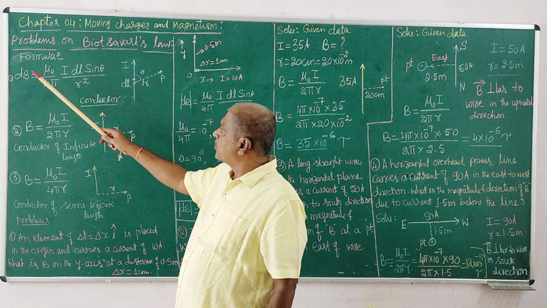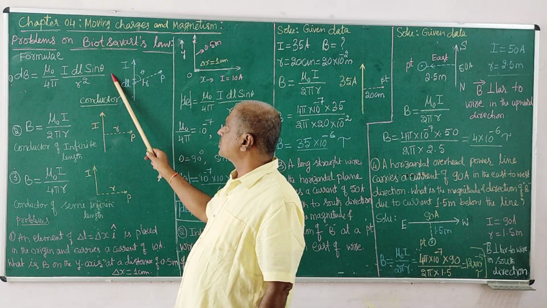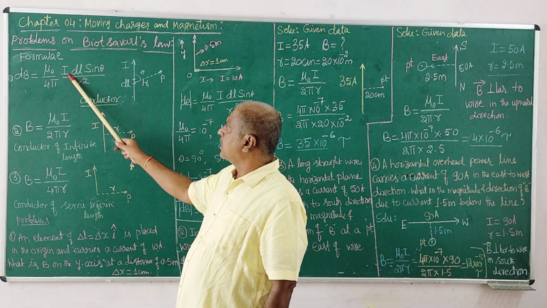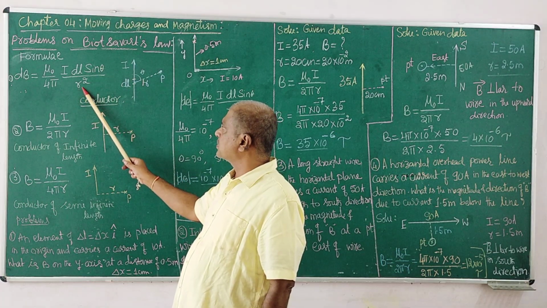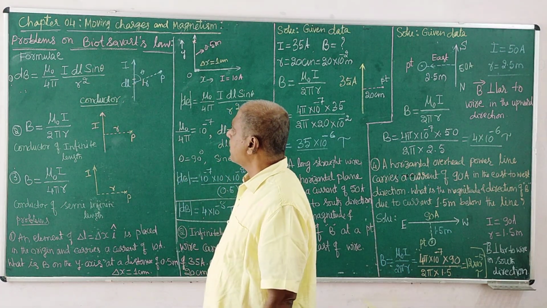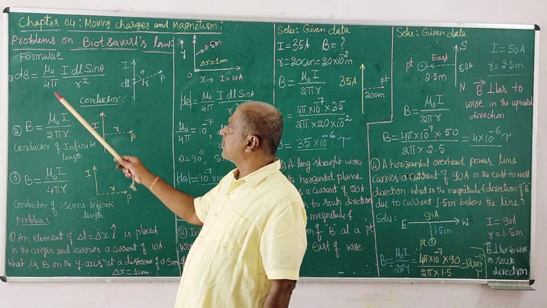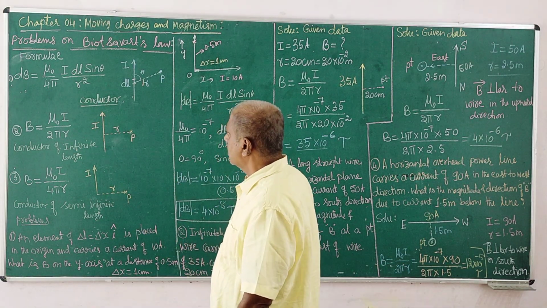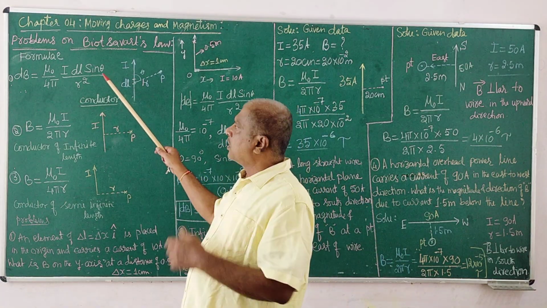So the magnitude of B depends directly on these factors and inversely on the square of r, where mu naught by 4 pi is a constant, the magnetic constant. So this is the differential form of the law.